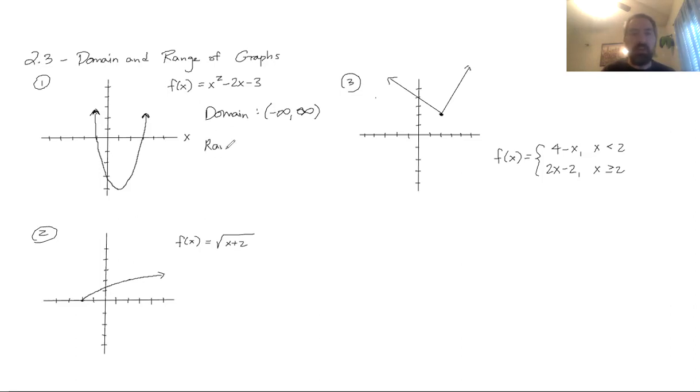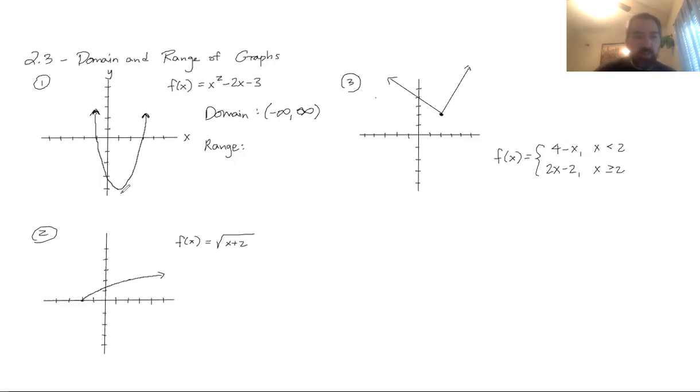Well, the range is all the possible y values, where the y-axis is the vertical axis. So when we talk about the range, we're looking from bottom to top. What are all the y values that are covered on this graph? We can talk about what's the smallest y value and what's the biggest y value.